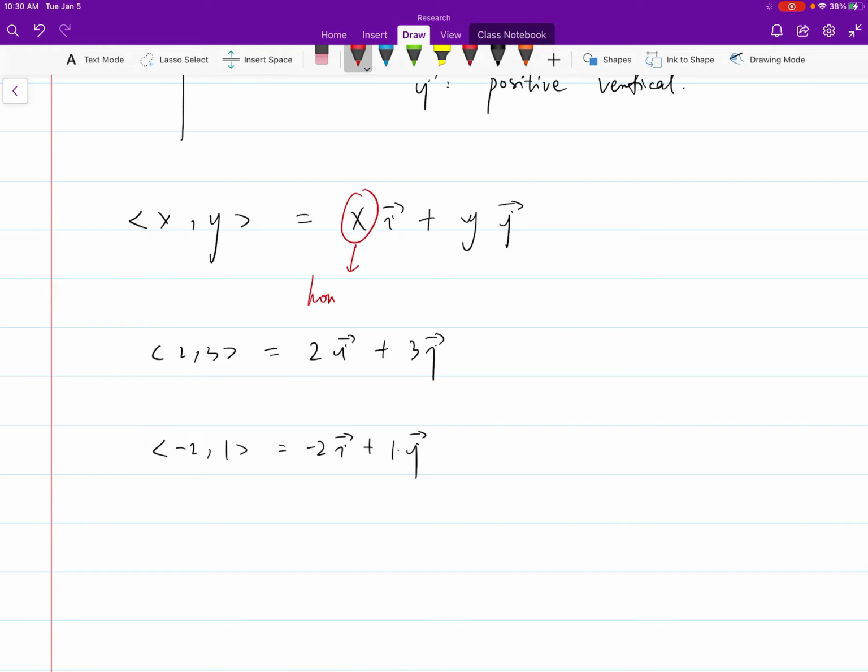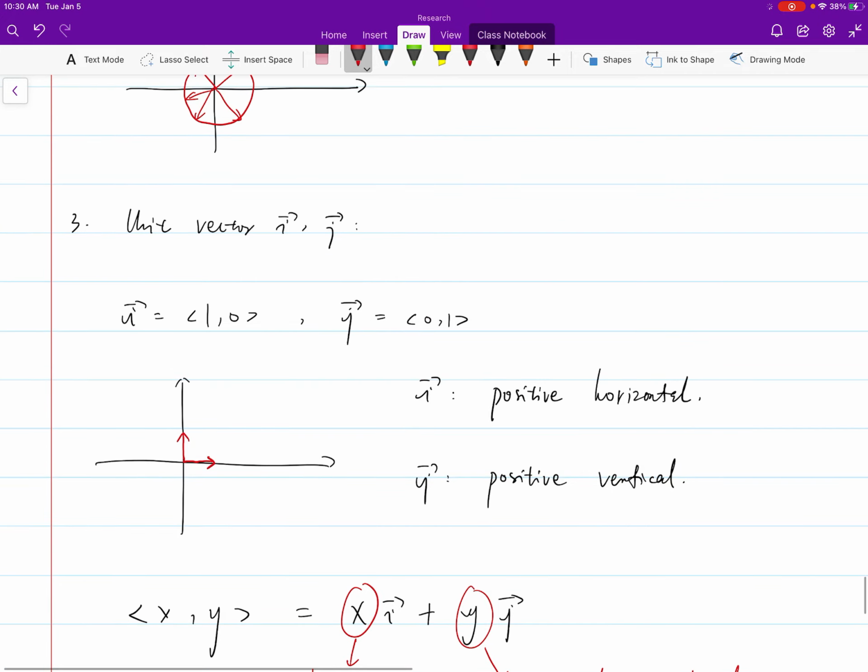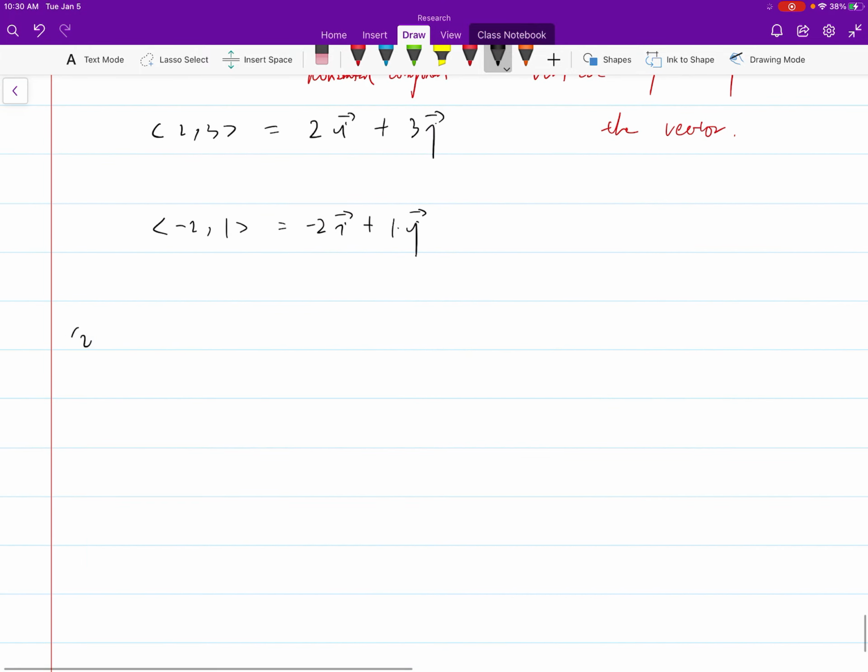We will call this the horizontal component, and this the vertical component of the vector. Okay, so that's the first important thing about unit vectors i and j. They give us a nice decomposition.